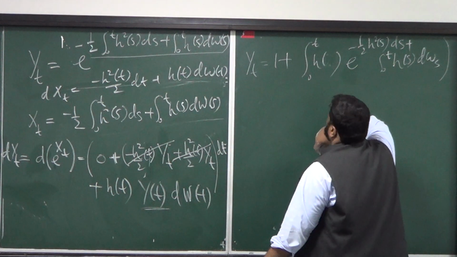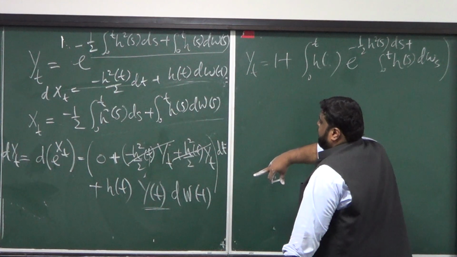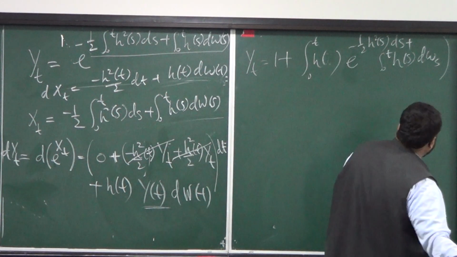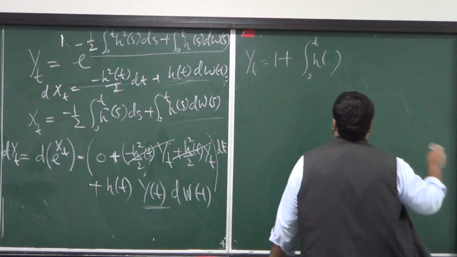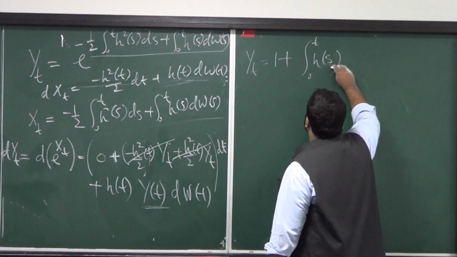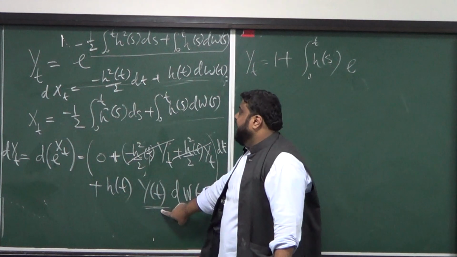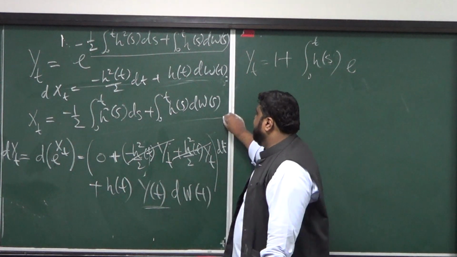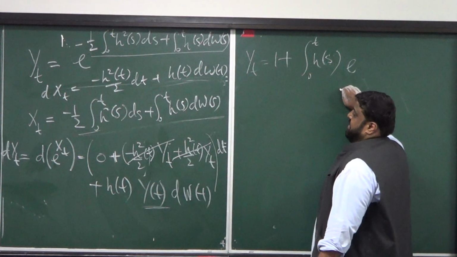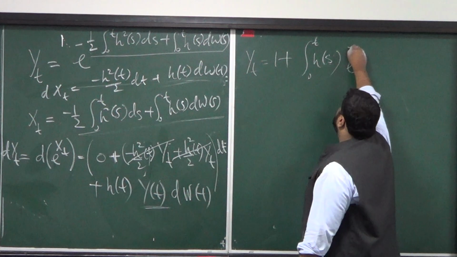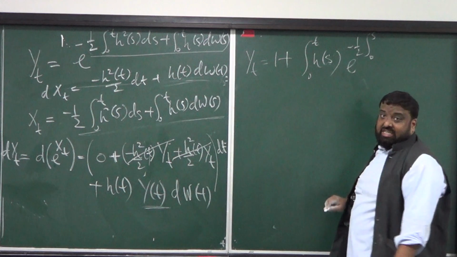Okay, so I have e to the xt. Now consider h of s, and I have yt here, and yt is e to the xt, and xt is this guy. So I'm going to have e to the xt, and xt can be written as minus 1/2 0 to, for example, s now.